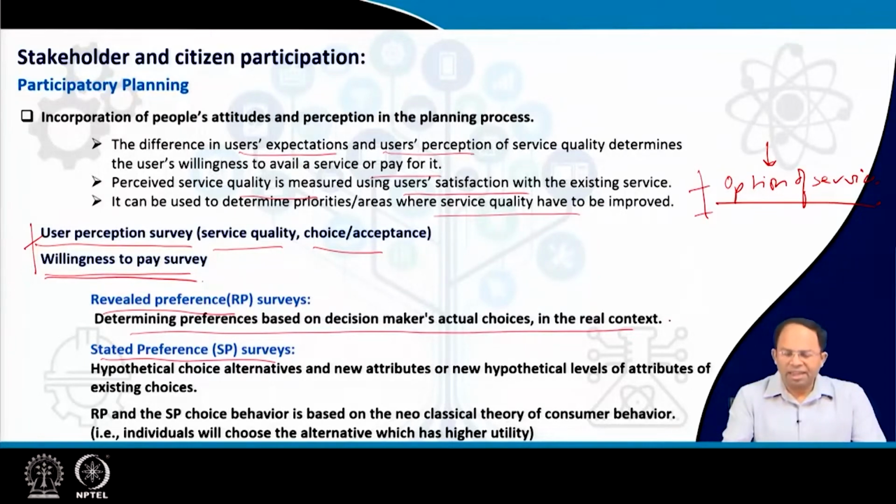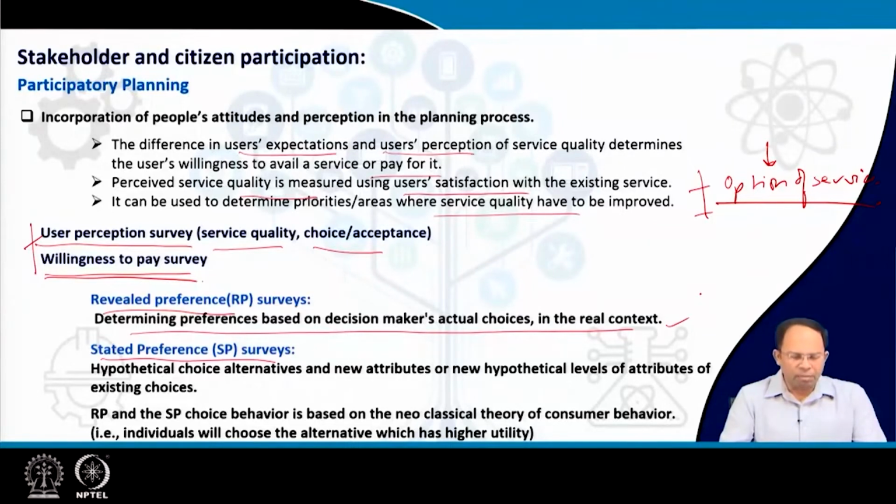So, that means in the real context, based on the service that is being provided, we can ask them for their feedback, and from there we can determine which are the things which people want to be improved and so on, right? So, that is based on the real context and real things.